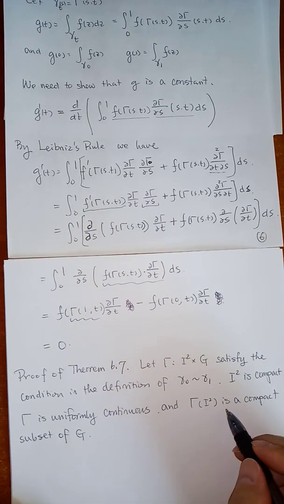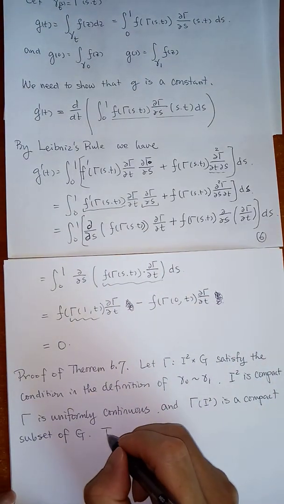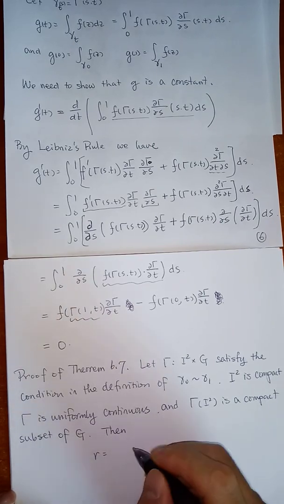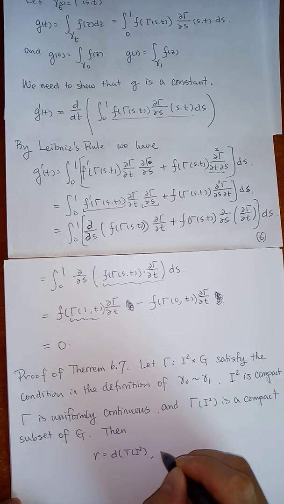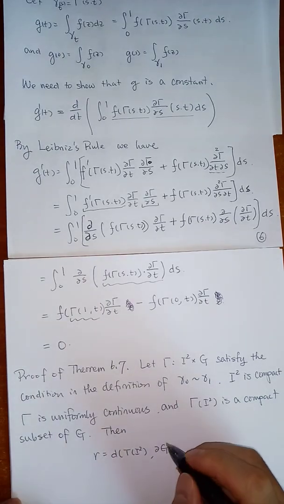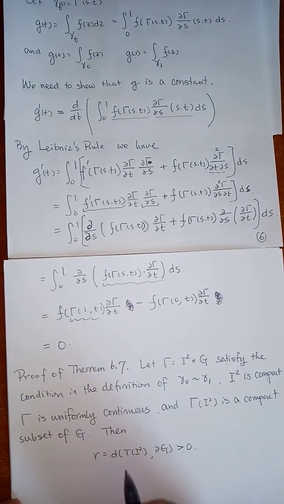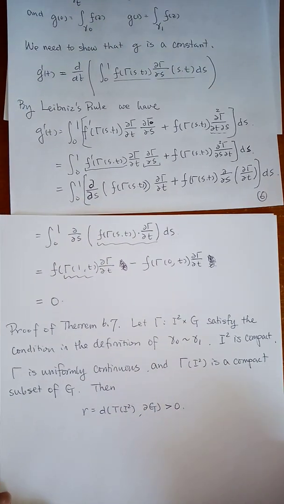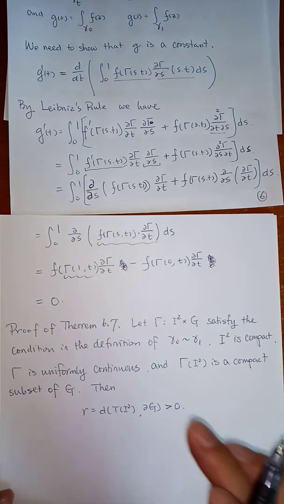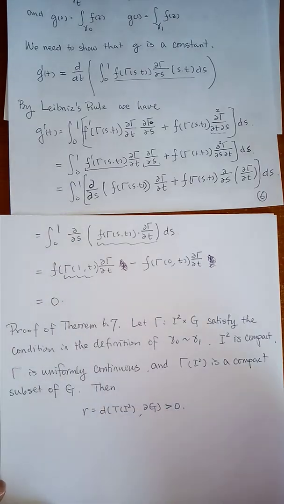Because this image is compact, the distance between the image and the boundary of G is going to be strictly positive, because it is totally inside G. Then we are going to use small neighborhoods to draw the disks.